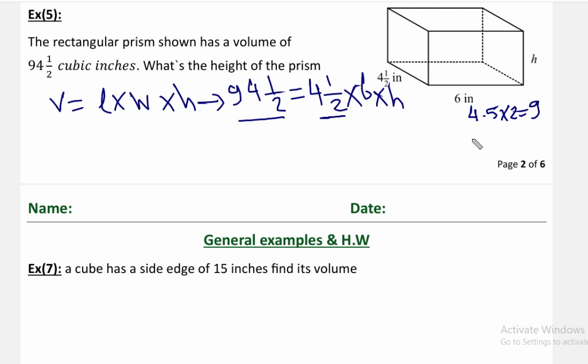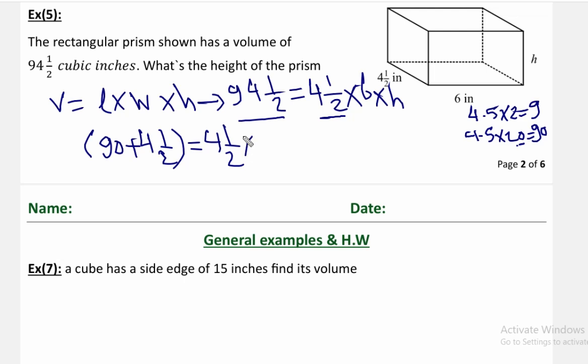Okay, let's make another calculation. 4.5 times 20. 4.5 times 2 is 9. We have 10 here, another 0, so when you add 0 we have 90. So simply we can break 94.5 like this: 90 plus 4.5 equals 4.5 times 6 times h.